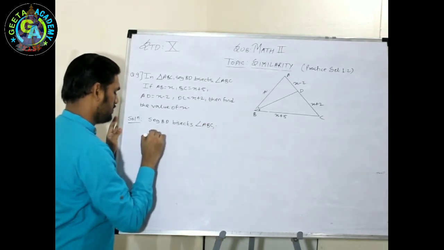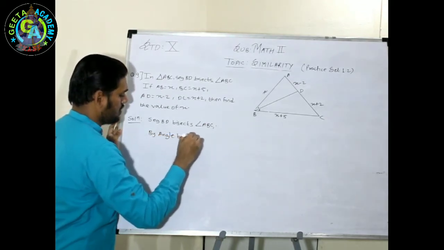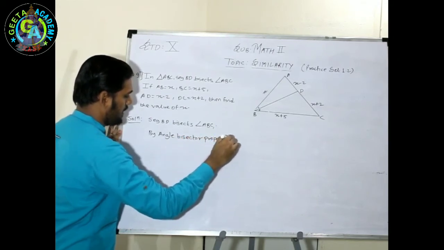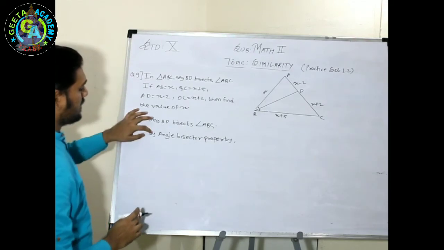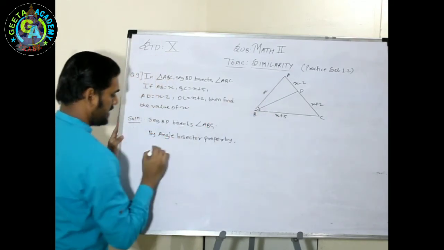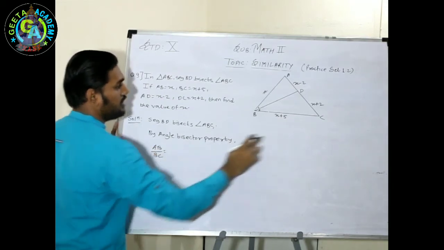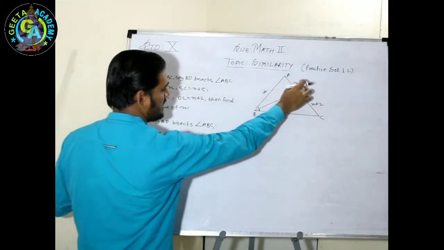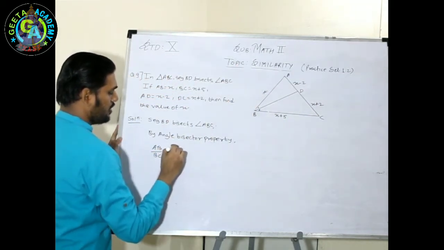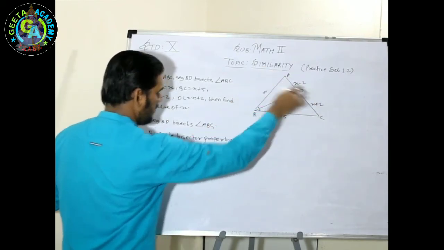So by angle bisector property, it will be the ratio of the two sides of the triangle, that is AB upon BC is equal to the ratio of the third side which is intersected by your angle bisector, that is AD upon DC. AB upon BC is equal to AD upon DC.